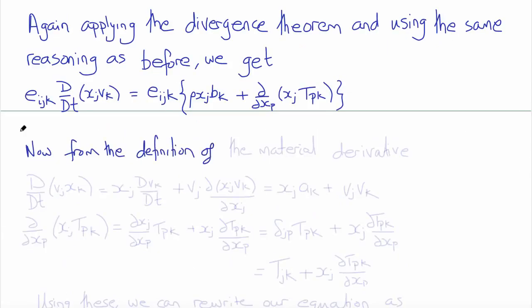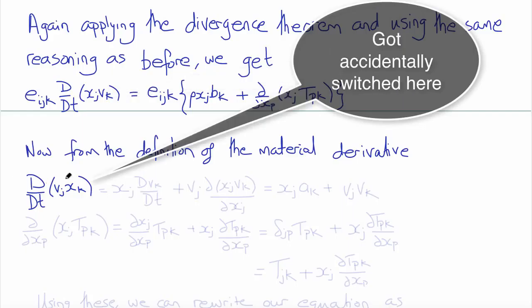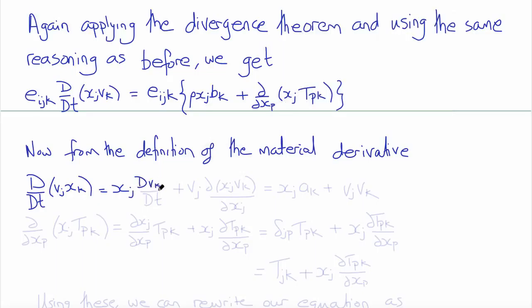Now, from the definition of the material derivative, we can write that the material derivative with respect to time of x_j v_k will be x_j times the material derivative of v_k plus v_k times the partial derivative del x_j/del t.